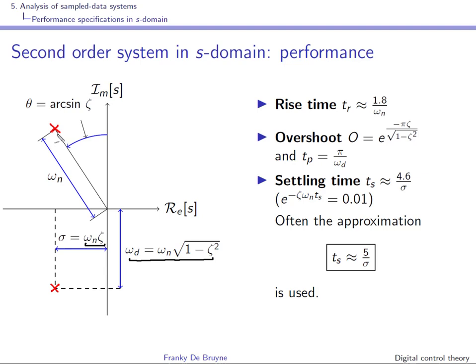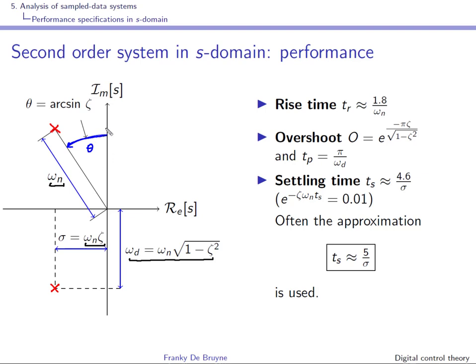You can also see that this distance over here is omega n, the natural frequency, and that the damping ratio zeta is related to this angle over here by the relation theta is the arc sine of zeta.